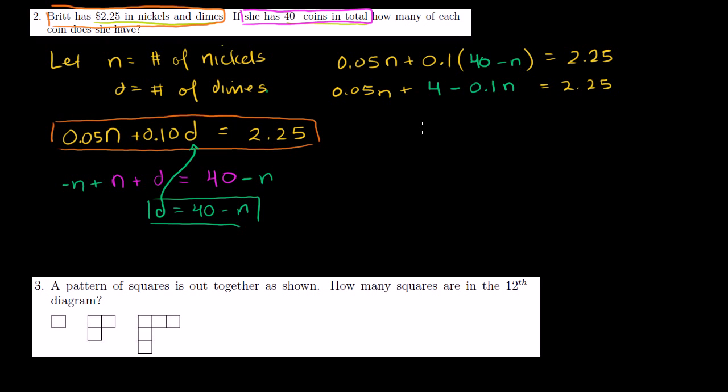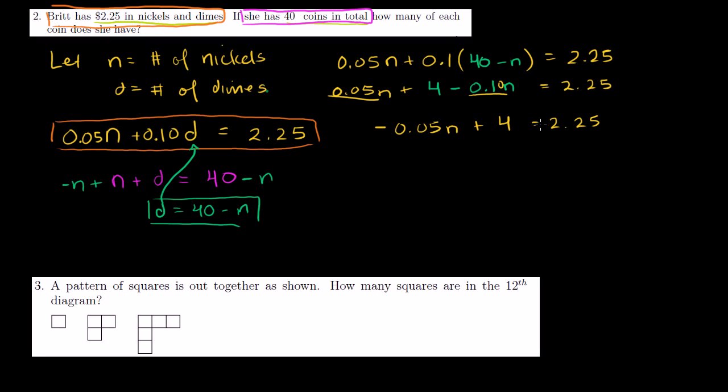Well, we can take 0.05 minus 0.1. If you take those two terms, you're actually going to get a negative 0.05 n, right? This is twice as big as that. So it's going to be a negative number plus 4. So I still have that 4 is equal to $2.25.